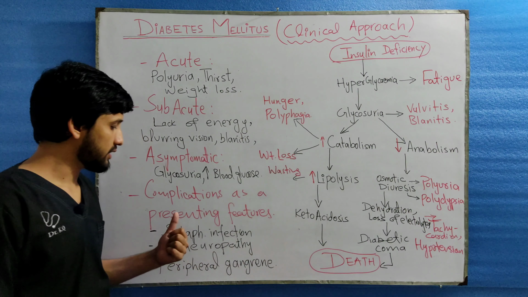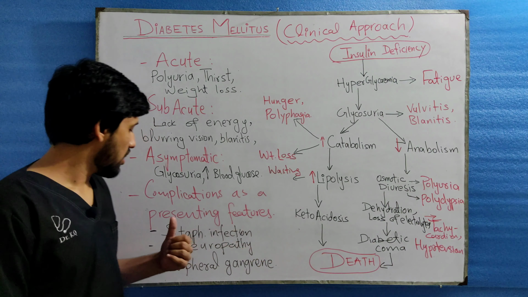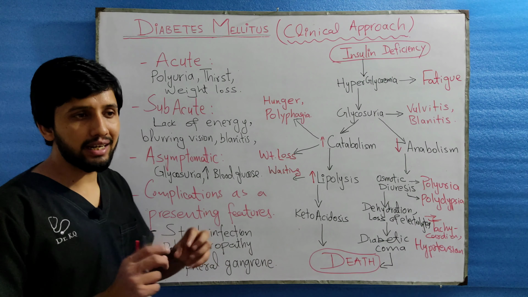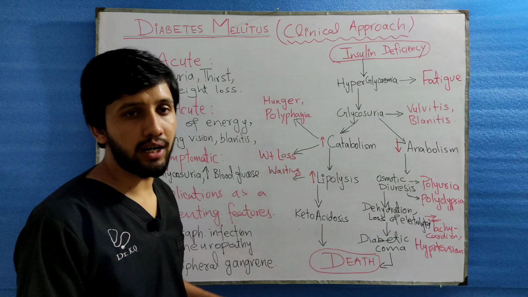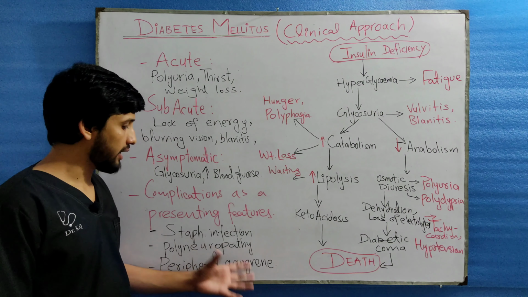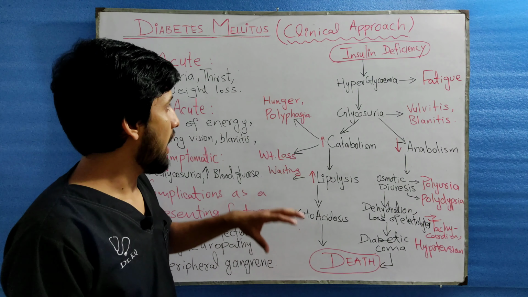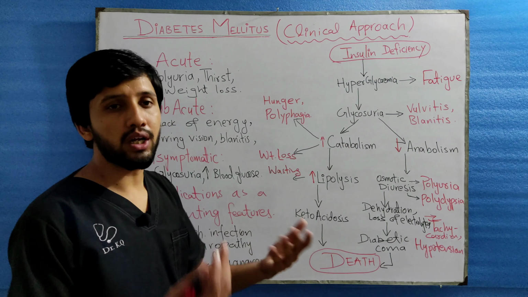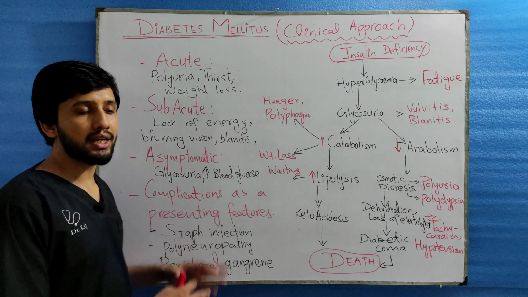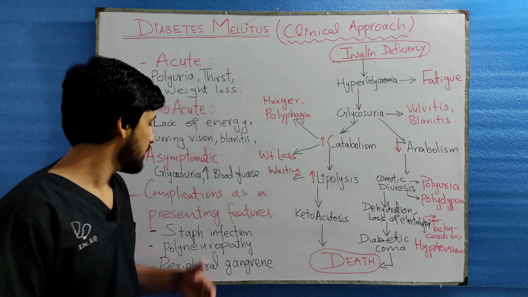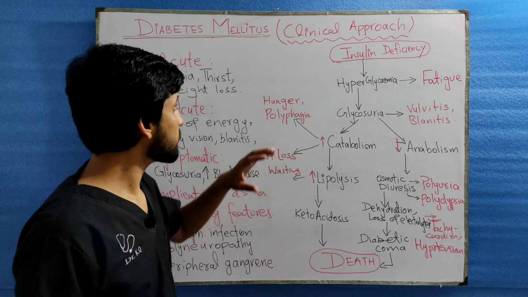They will present with staph infections of the skin, polyneuropathy, which is tingling and numbness in the feet and hands, peripheral gangrene, which is usually in the feet, erectile dysfunction, and myocardial infarction. These are the complications which are typically seen in the clinics.